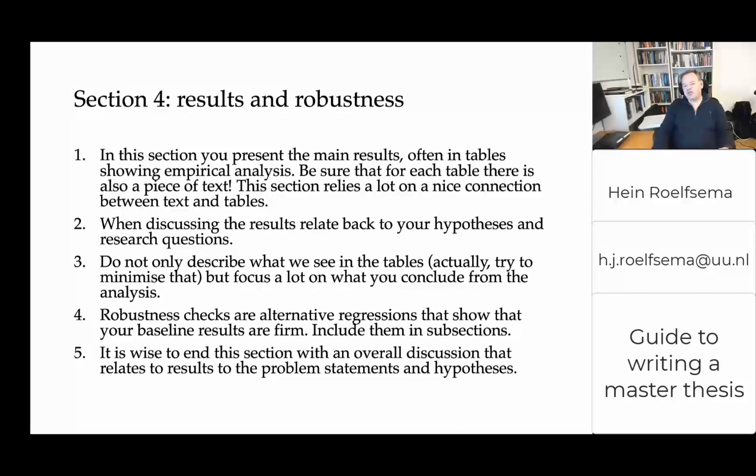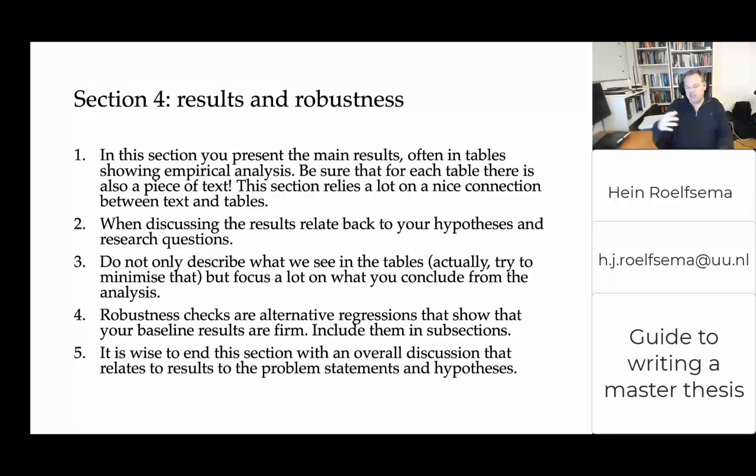Then the fourth thing is that you have a baseline regression table with your main results. In research, what you try to do is to kick those results so much that, with that kicking, they still stand. That is a bit like a strategy. Robustness checks means you say, well, if I include or exclude this variable, does the effect disappear?